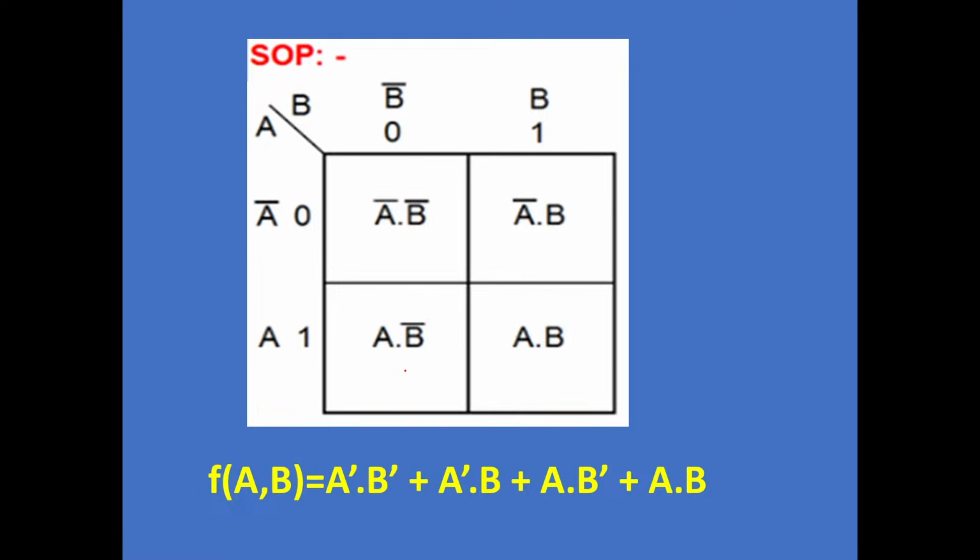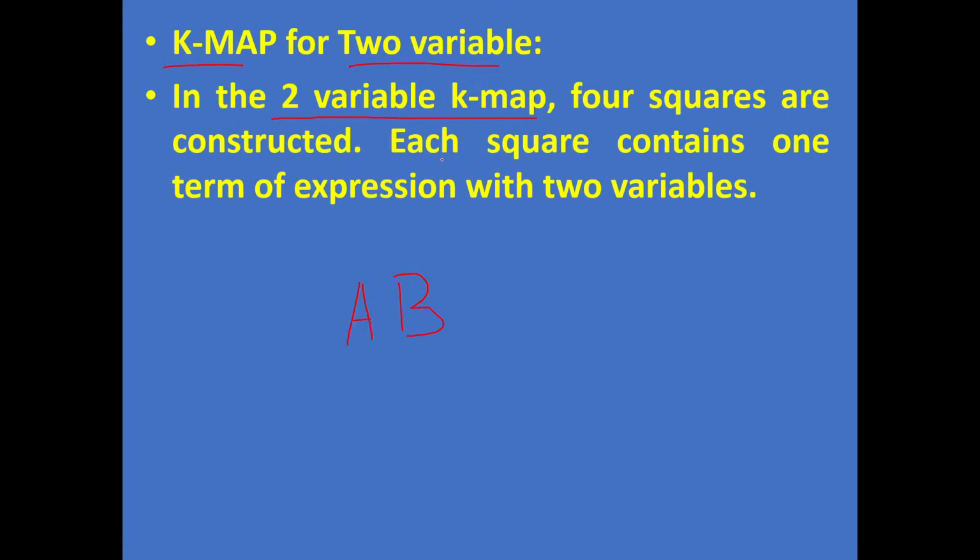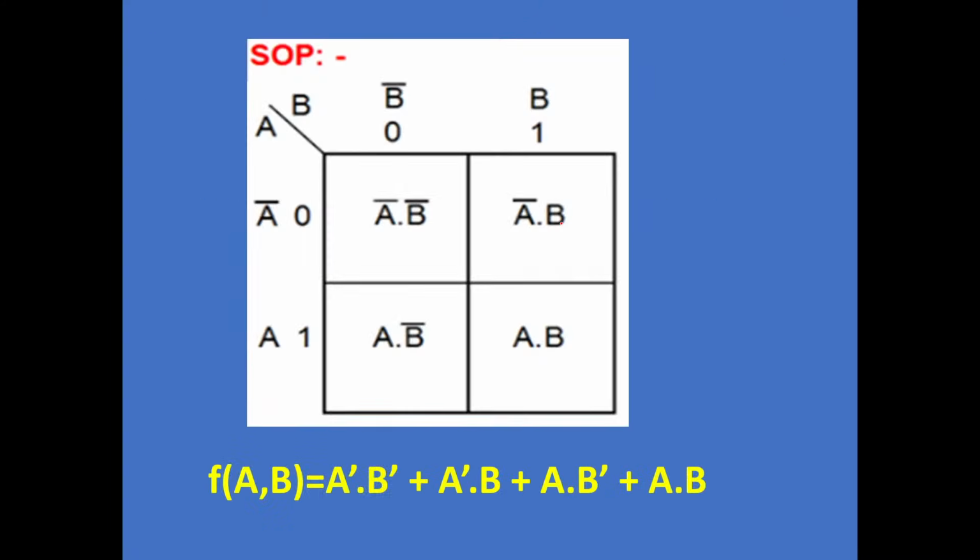So you can draw the K-map for a two variable system. Here it is mentioned itself: for two variables, you have to draw four squares. Four squares are required, and each square will have only one term. So here you can see four squares. You can provide numbering to the squares. You can start with this box 0.